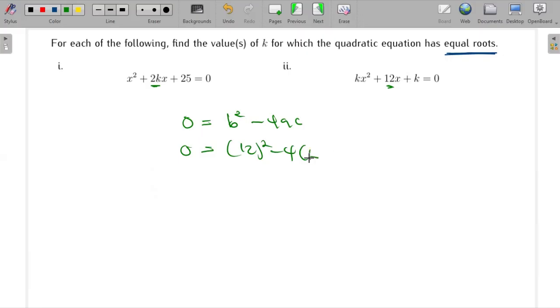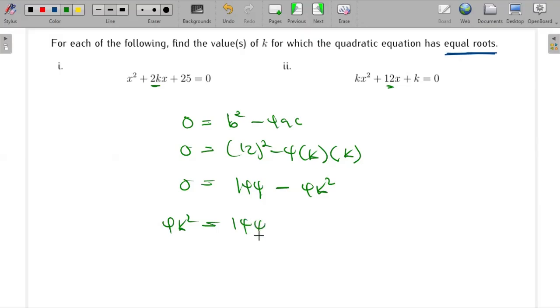Then your a is k, and your c is k also. So this here is just going to be 144 minus 4k squared, equal to 0. Take the 4k squared to the other side, and you have 144.